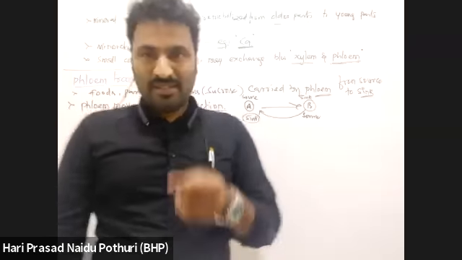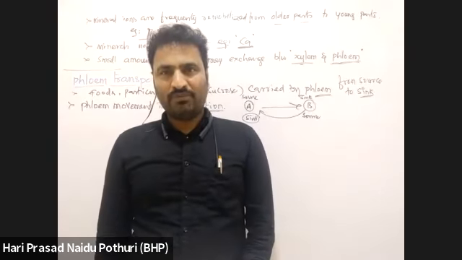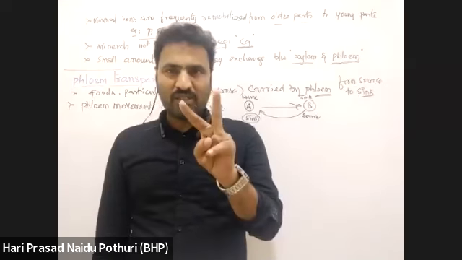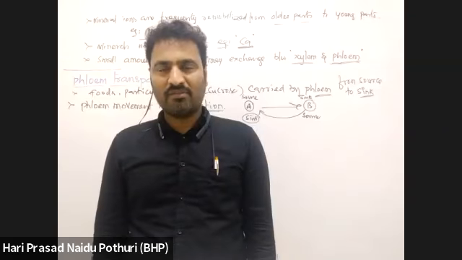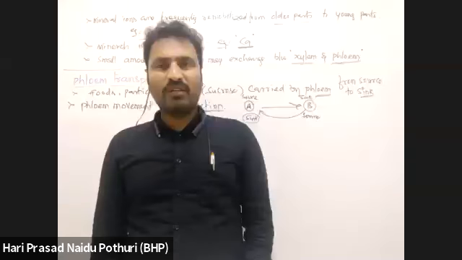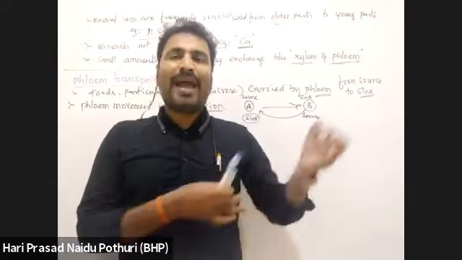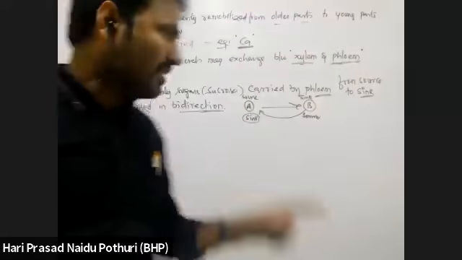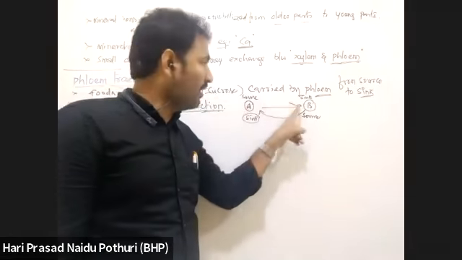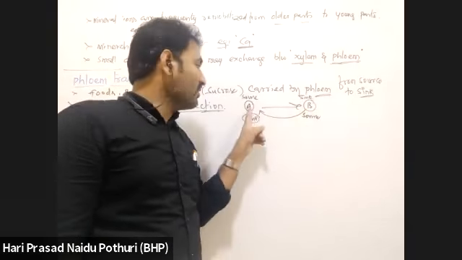In one season, carrots, potato, onion, they have two seasons. In one season, they prepare food and store it in root or stem modifications. In the second season, they need food for reproduction. So food stored in the stem or root will be taken back by the phloem, which is bidirectional. First it is moving from leaf to the root. Whenever there is no photosynthesis, it is reversed from root to the leaf. That is what we can say.